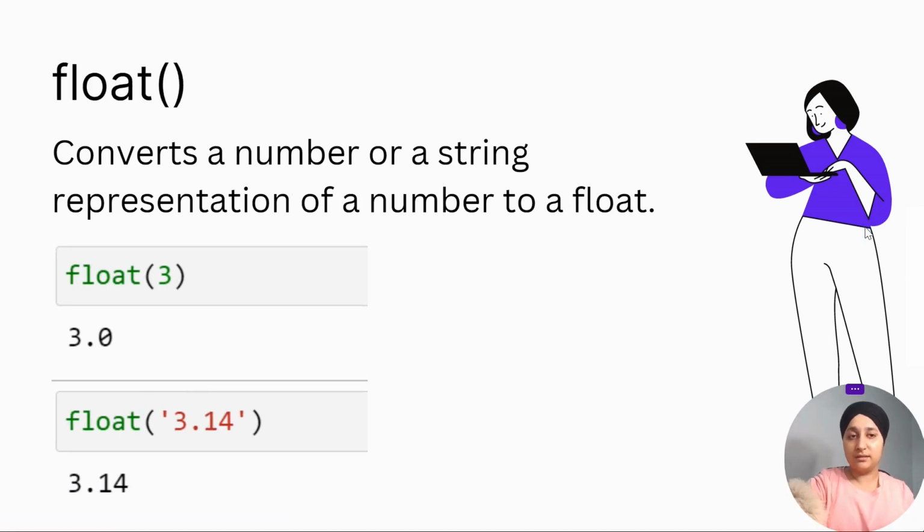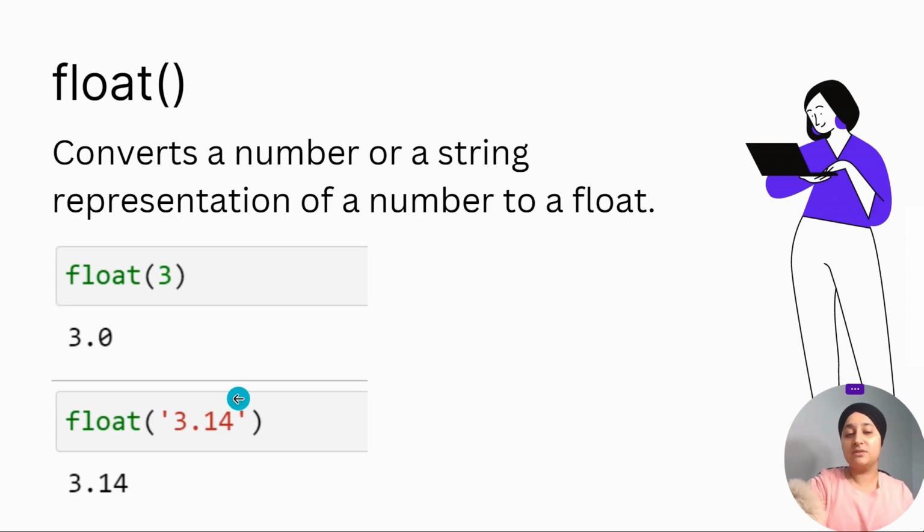So float is again a type conversion method that converts a number or a string representation of a number to float. Here we have an integer, and we are passing the integer within the parentheses of the float function. It is converting the integer to float by appending a dot and 0, converting it to a floating value with the decimal point.